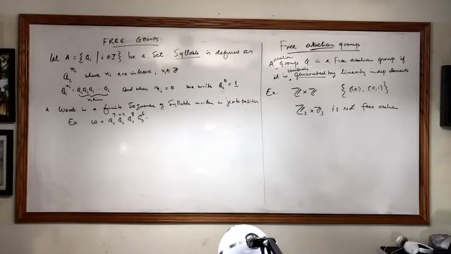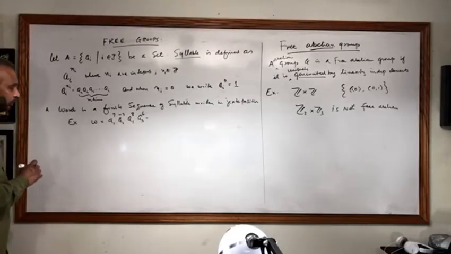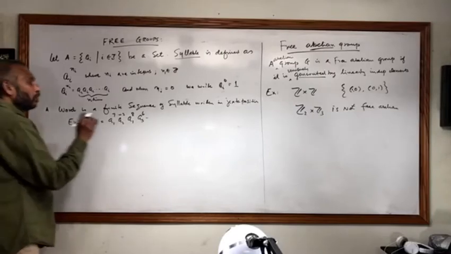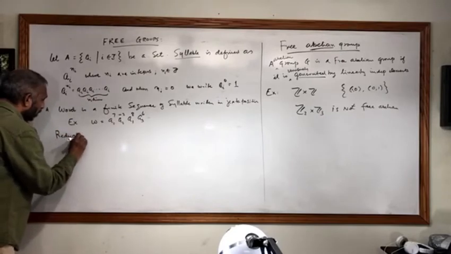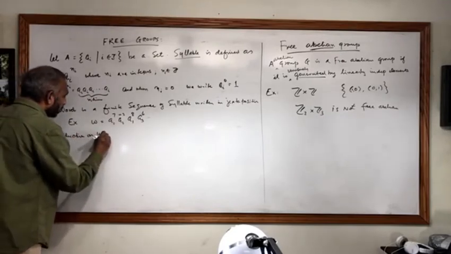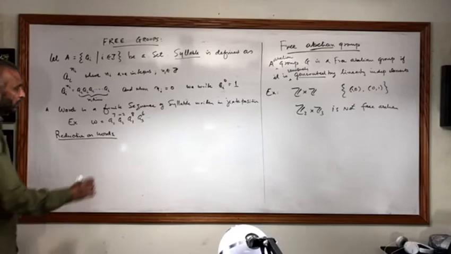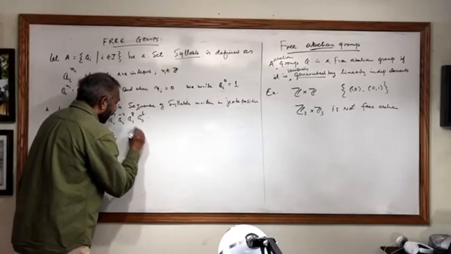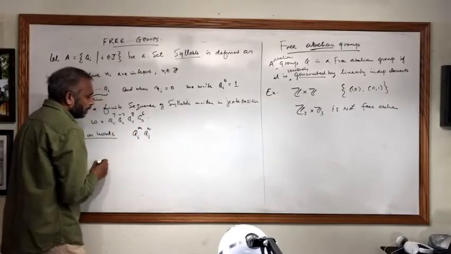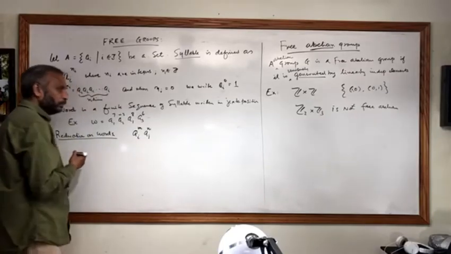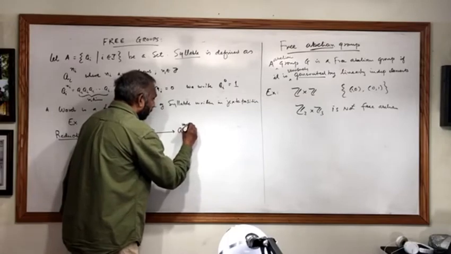Now we are going to define two types of operations in a word. It's called reduction on words. The way we are going to define reduction is if a_i^m and a_i^n are adjacent to each other, we can write this as a_i^(m+n).